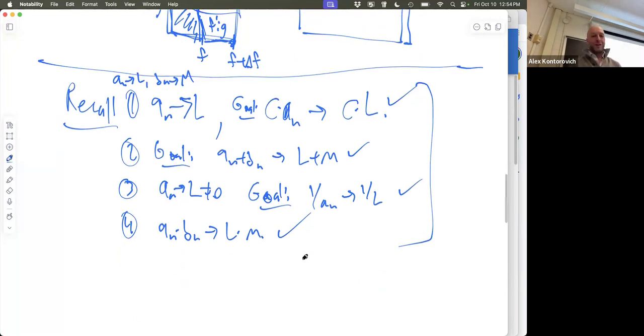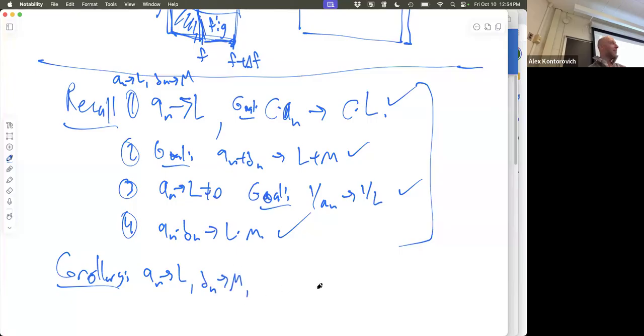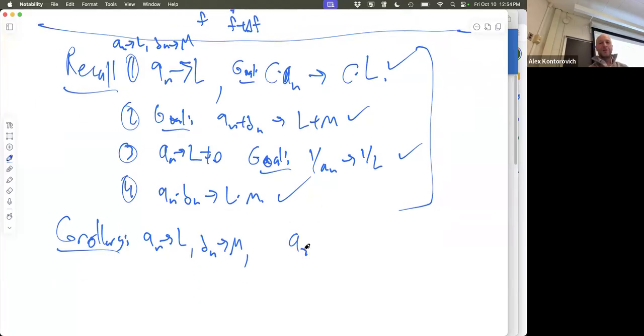So if you know that, corollary: if AN goes to L and BN goes to M, then what happens to AN squared plus 2AN plus BN over 3BN plus 2 minus AN squared? What does that go to?